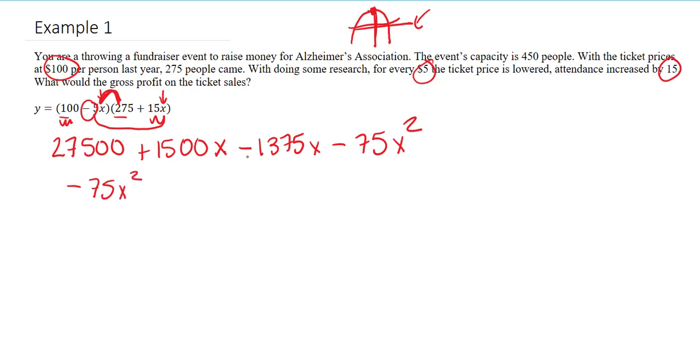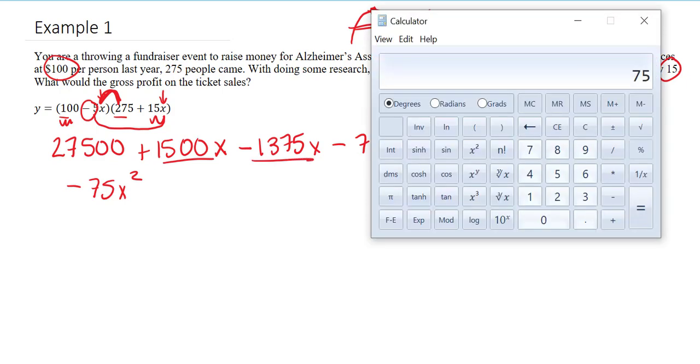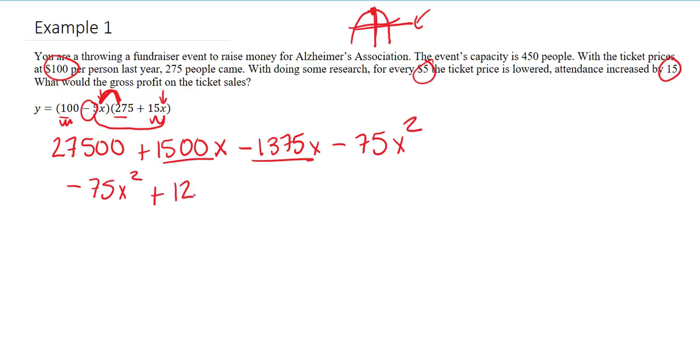Then we can add these together. So we get 125. And so we're given our equation. Usually we can just put y is equal to 0, but this time we can just put this is equal to 0.